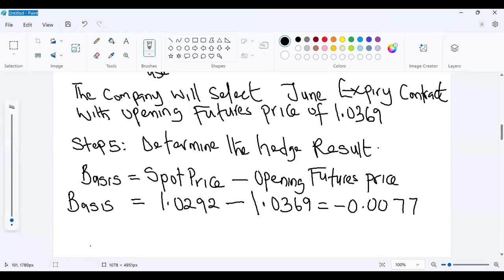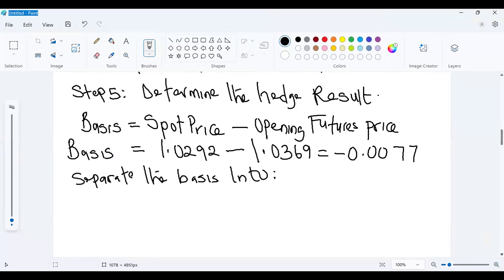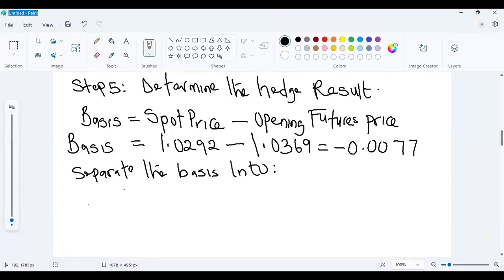When you are done with the basis, now separate the basis into expired basis and unexpired basis.